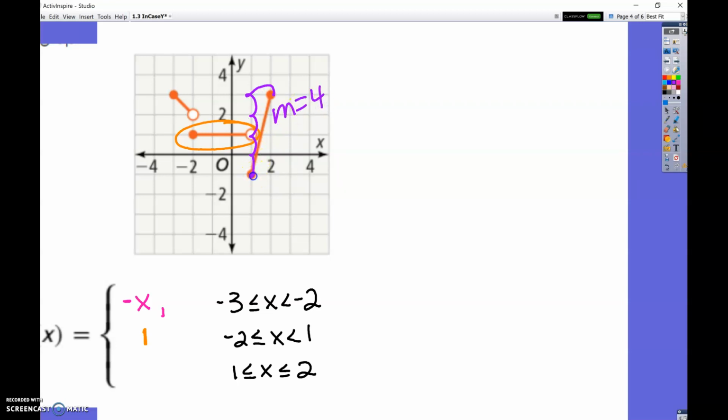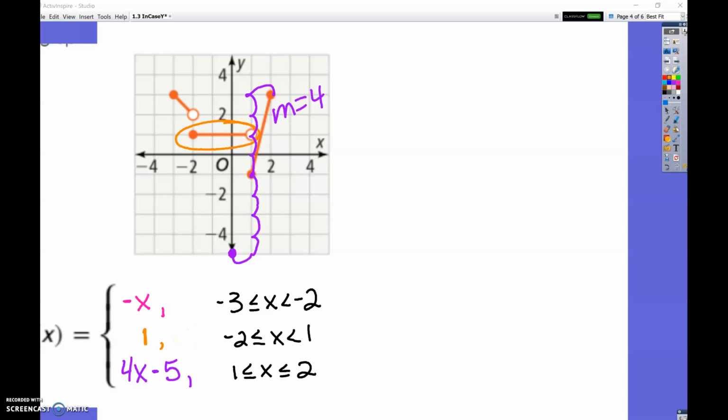I'm going to reverse the process and go down 1, 2, 3, 4, back 1. That would be where my y-intercept would be if I extended it. So my equation, my slope is 4, and my y-intercept would have been at -5. That should give us our piecewise function for this graph.